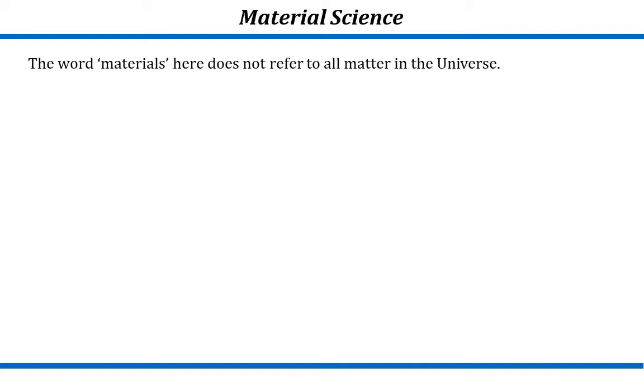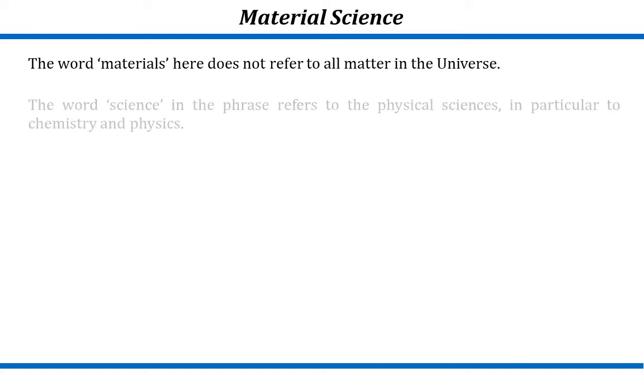We then have to be more specific and define materials as that part of matter which is useful to the engineer in the practice of his profession. So, the word material here does not refer to all the matter in the universe.